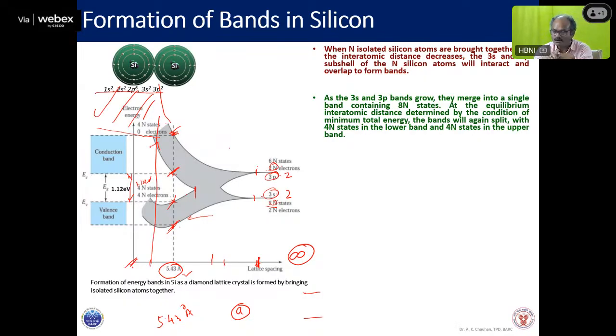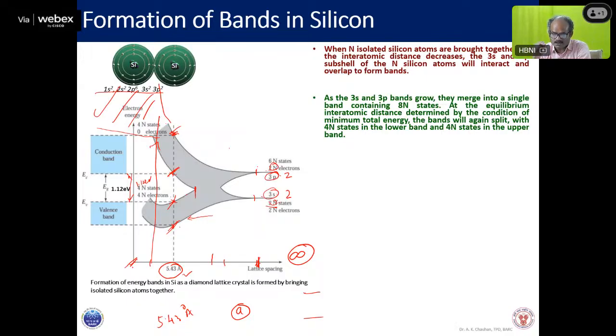Now, if you go back and try to answer that question: why does a gold atom, when it is a single atom, not conduct, but when it becomes a solid and a crystal, it starts conducting? Similarly for every atom, like copper and silver.